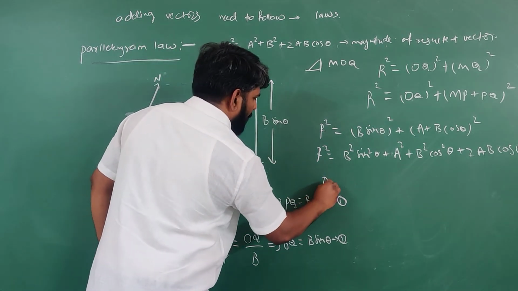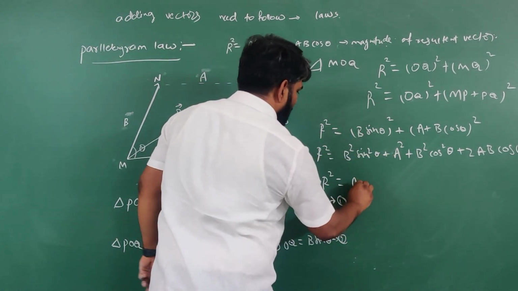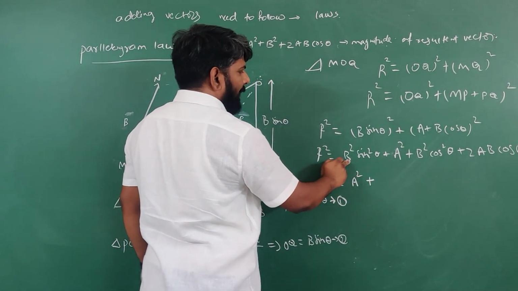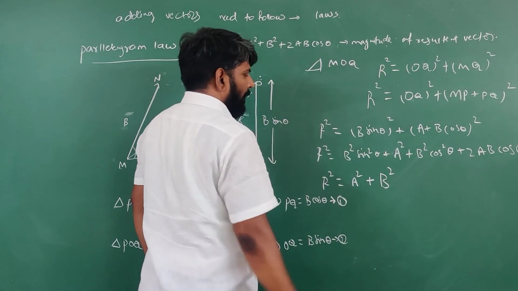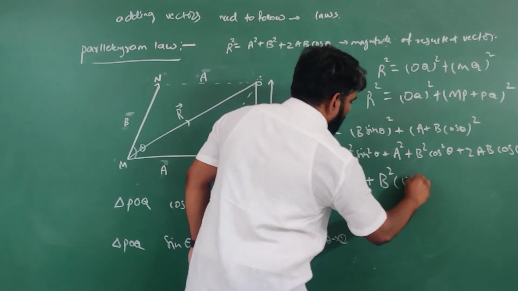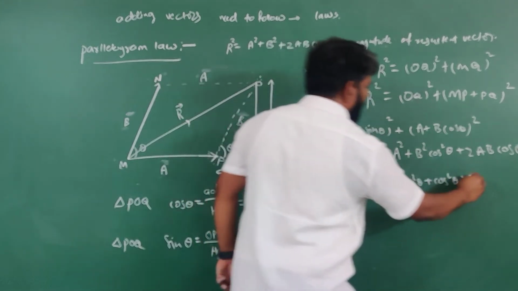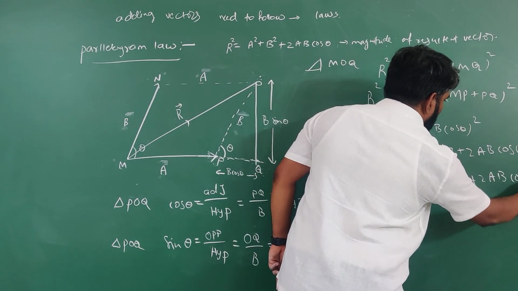Then R square is equal to A square plus B square sin square theta plus B square cos square theta. I am rearranging this one. So I am taking common B square. What is the remaining then here? Sin square theta plus cos square theta. What is the remaining? 2AB cos theta.